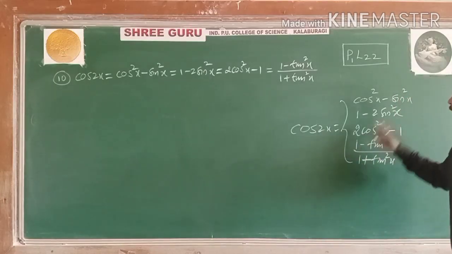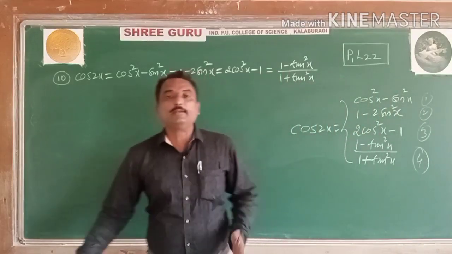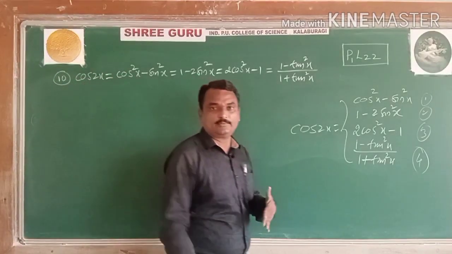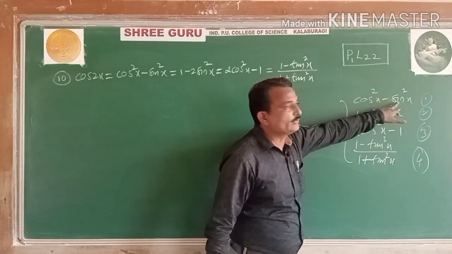You may write cos 2x in these 4 types according to your need. It depends upon the problem, upon your LHS and RHS. Whatever you need, you may substitute. So this is both in terms of cos and sin.